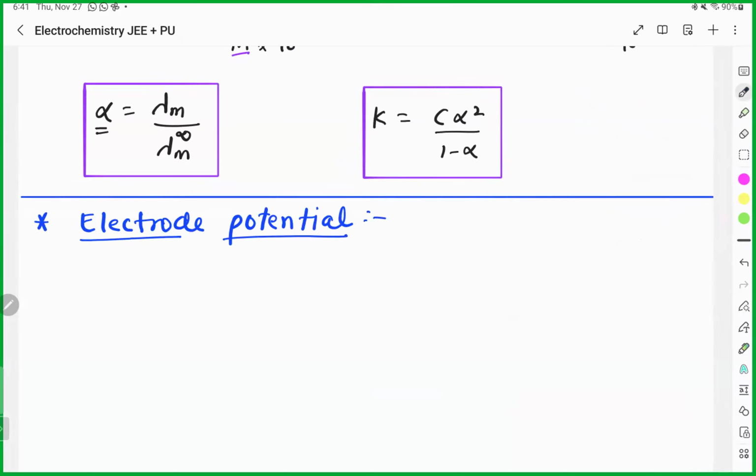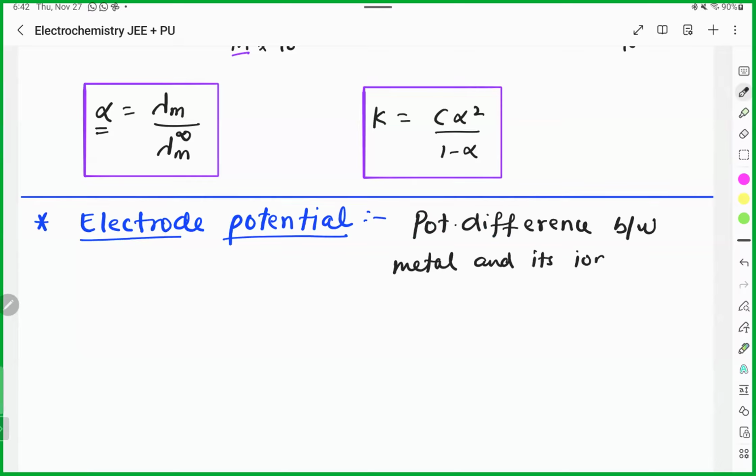When we say electrode potential, it means the potential difference between the electrode and its ion. It is the potential difference between the metal and its ion. Any doubt?